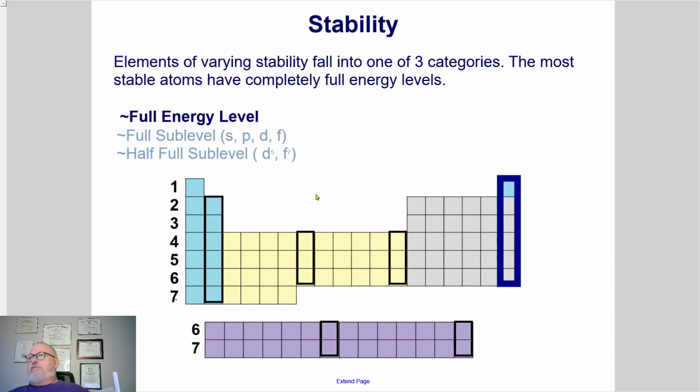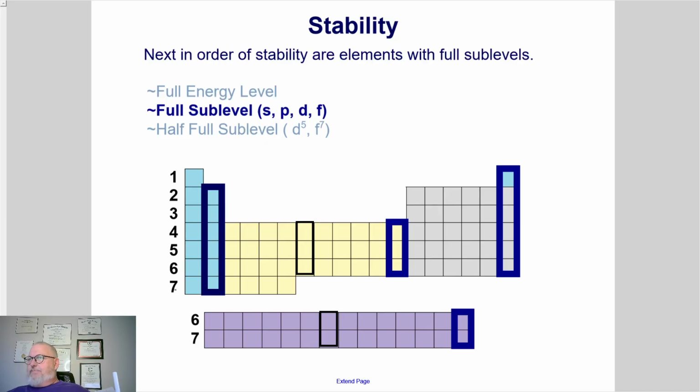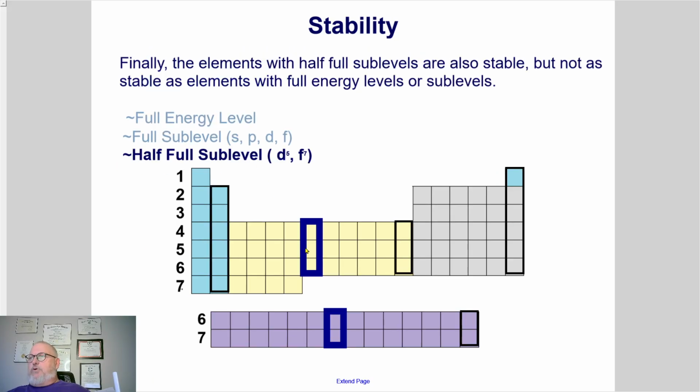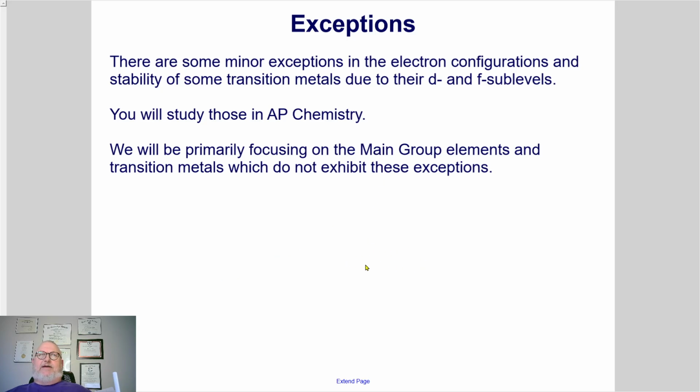The next is when you have a full sublevel, like a full d, or the s's, or the f's. They're happy. The last one is when you have a half-full sublevel, like d5 or f7. They're not as stable as a full energy level or full sublevels, but they're pretty happy about life.